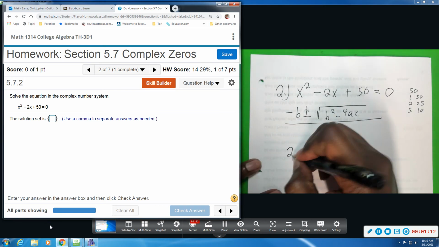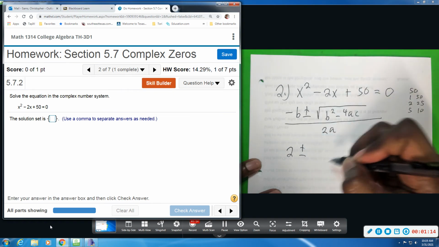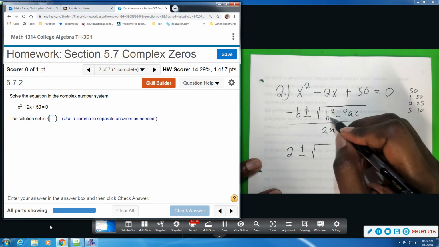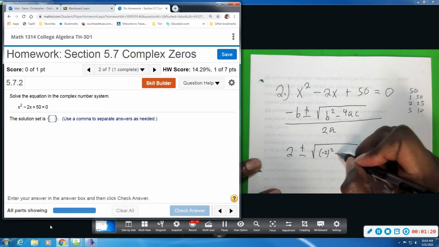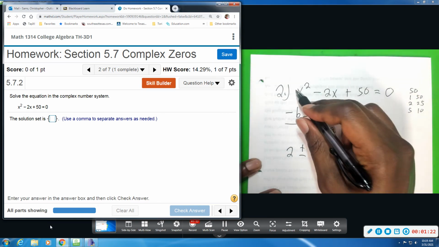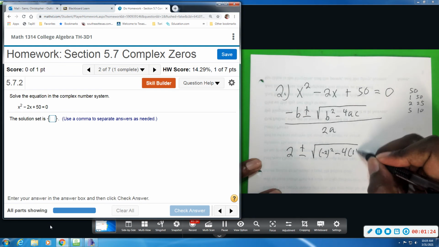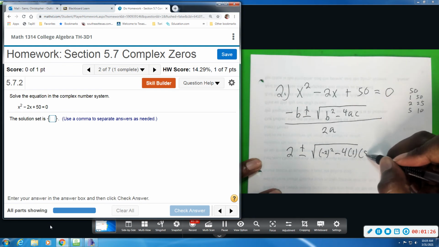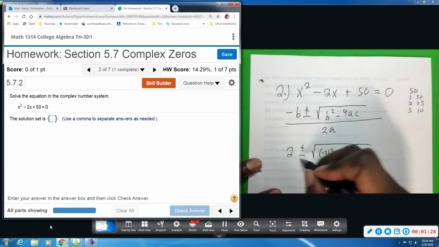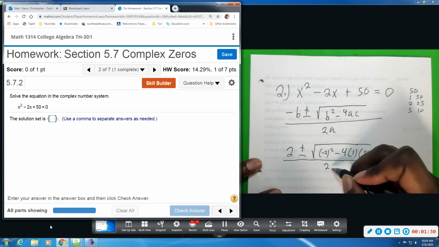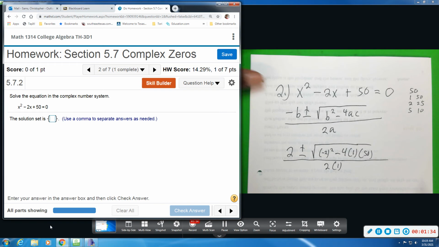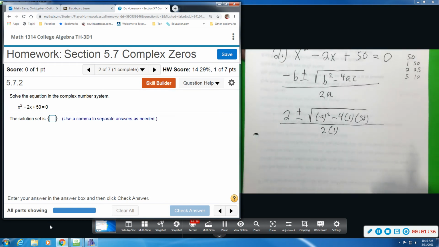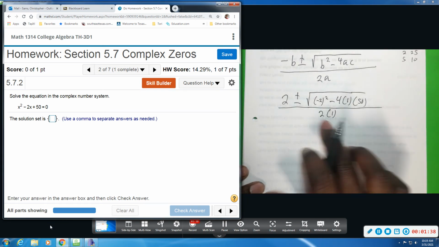So we get a positive 2 plus or minus the square root of negative 2 squared minus 4 times a, which is understood to be a 1, times c is 50, all divided by 2 times a, which is 1. So I'm going to simplify everything under the radical and the denominator.